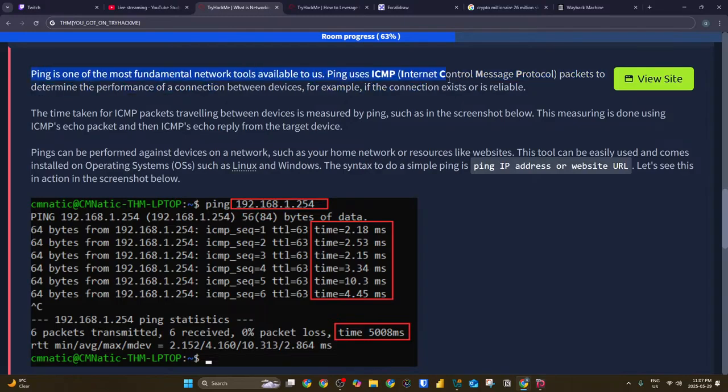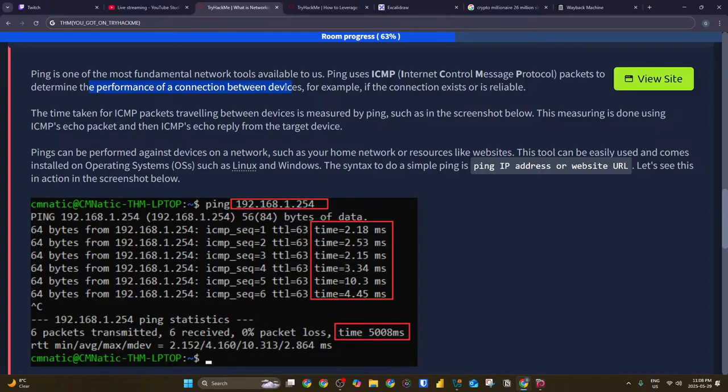Ping uses ICMP, Internet Control Message Protocol, packets to determine the performance of a connection between devices, for example whether the connection exists, is reliable, and the time taken. Basically, with this command we want to see if we are able to reach, let's say, google.com. So ping uses ICMP, a different protocol.